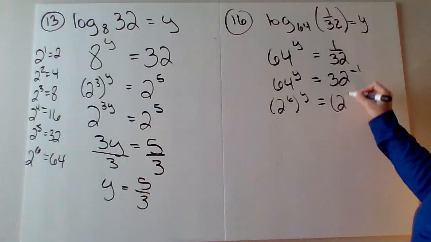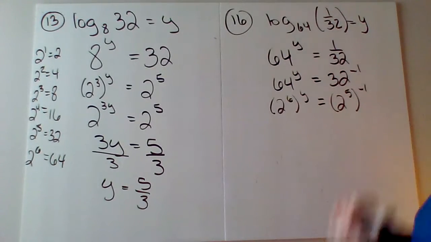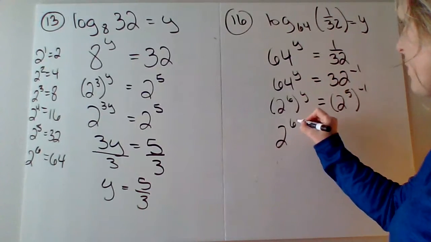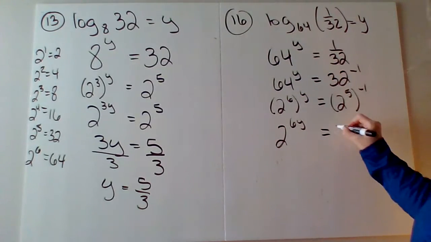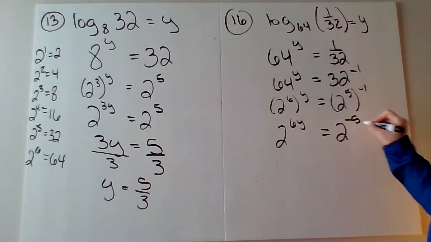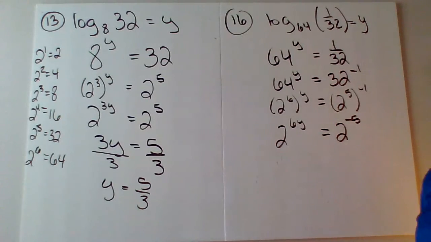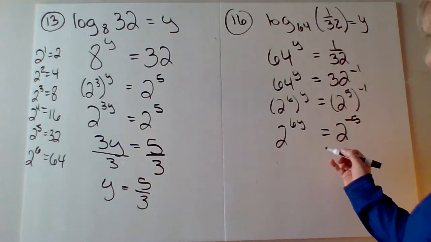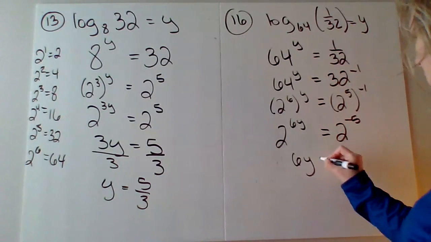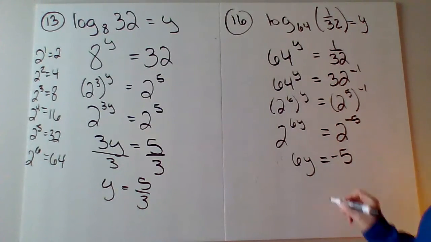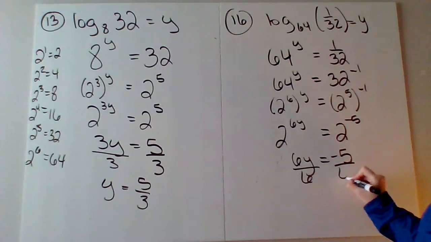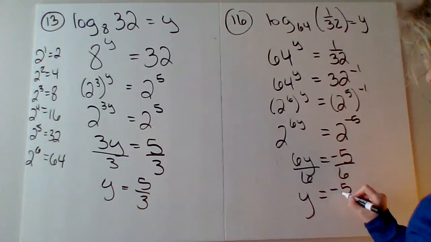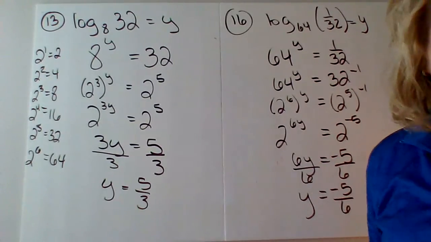Replace 32 with 2 to the 5th power. I have an exponent raised to an exponent, so I'm going to multiply. So 2 to the 6y equals 2 to the negative 5. If the bases are equal, then your exponents are equal. 6y equals negative 5. Divide both sides by 6. And y equals negative 5/6.